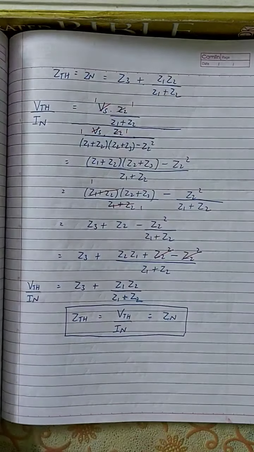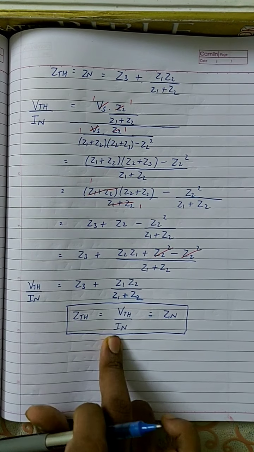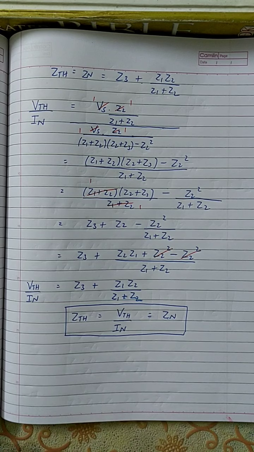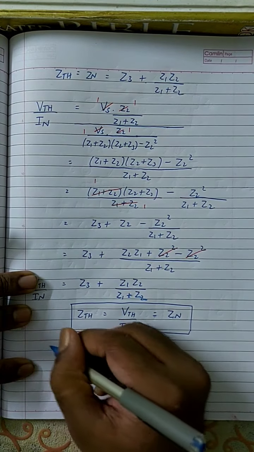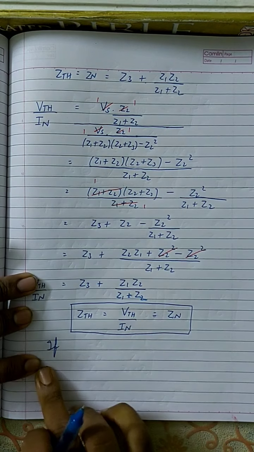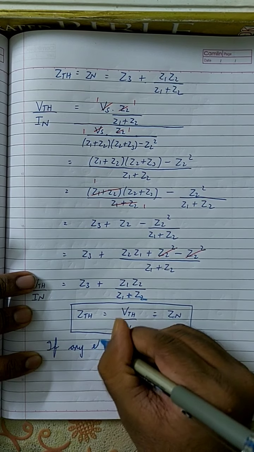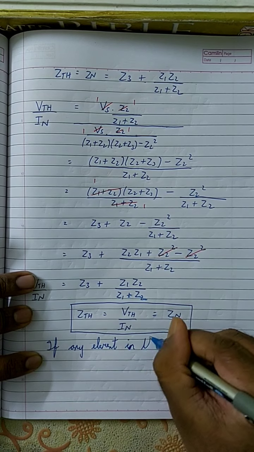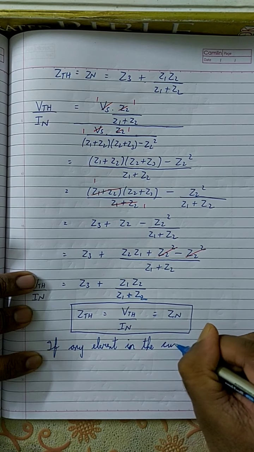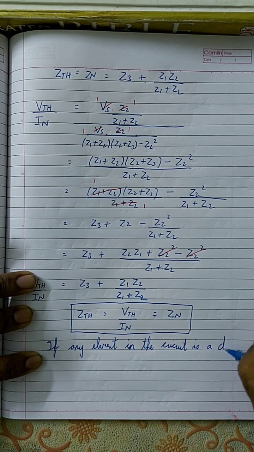You can use this formula only in one and only one case, and that is, this is very important, if any element in the circuit is a dependent source.